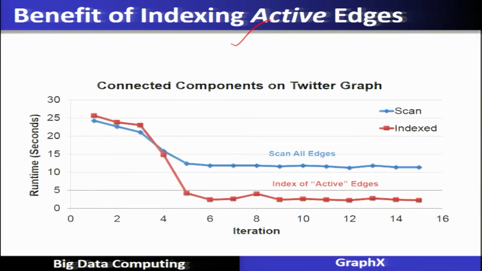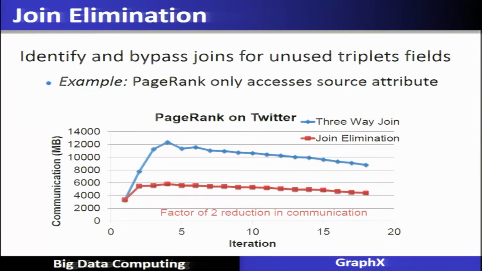The indexing of active edges in turn will reduce the runtime, because all the data is available in memory and can be executed efficiently, and the effect is shown here in this particular graph. The runtime and execution time are heavily reduced, because the index of active edges is handled automatically and internally, hence the time is reduced.